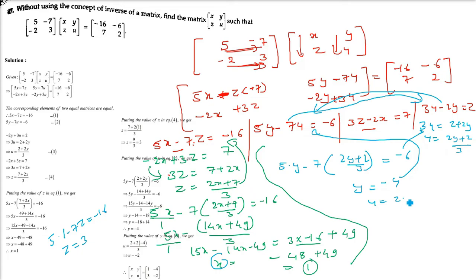So what do you get? From here, 3u minus 2y equals 2. So when you put y equals minus 4, you will get u as minus 2. So we got all the values here. 4 values we needed to find out. So u is minus 2, y is minus 4, z is 3 and x is 1.